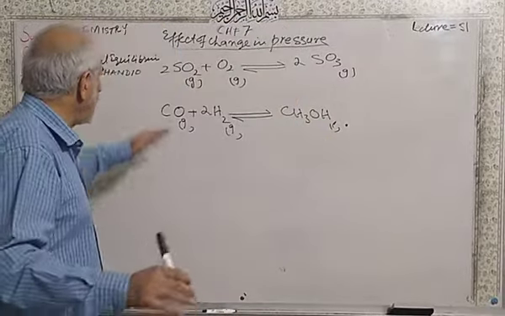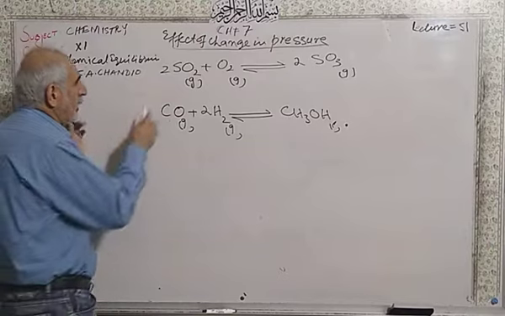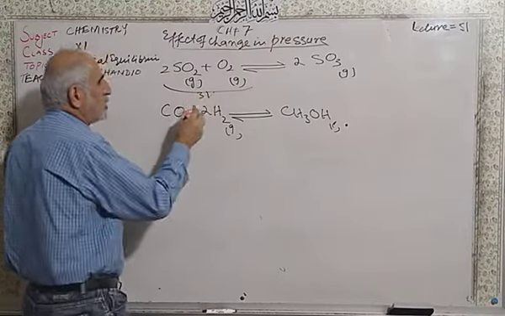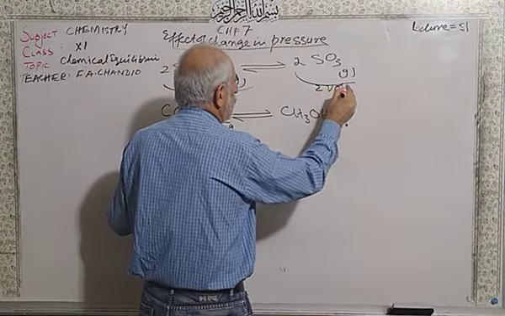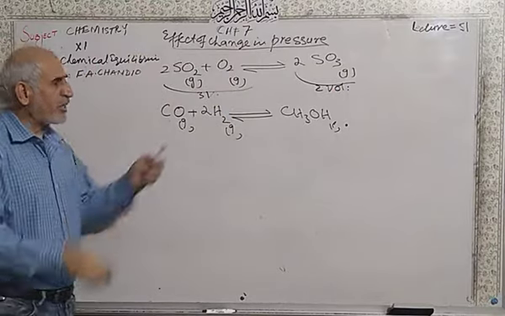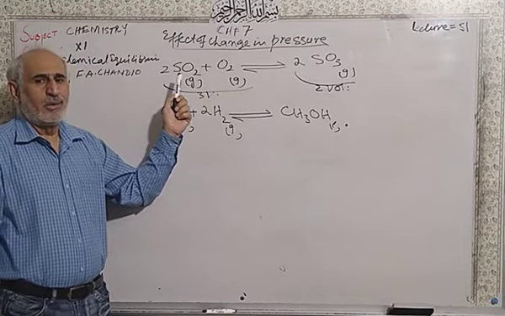So if we are talking about this system, here are a total of 3 volumes and here a total of 2 volumes. So on the product side there are fewer volumes, on the reactant side more.